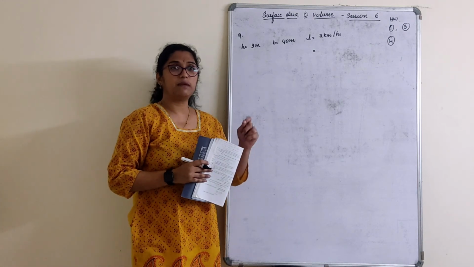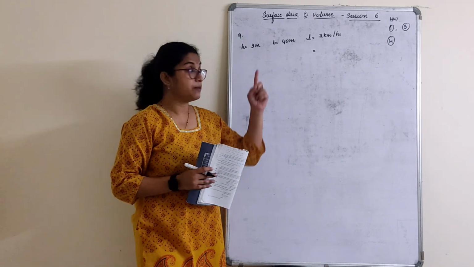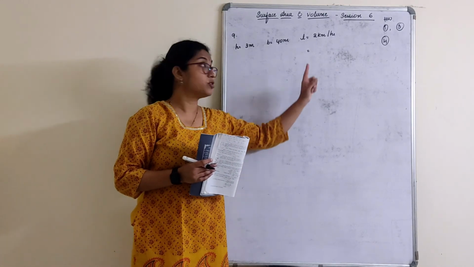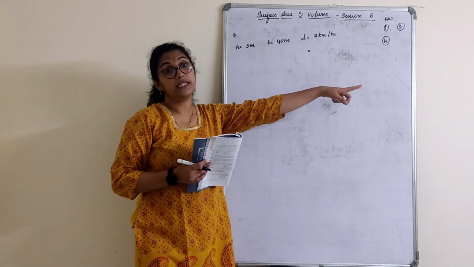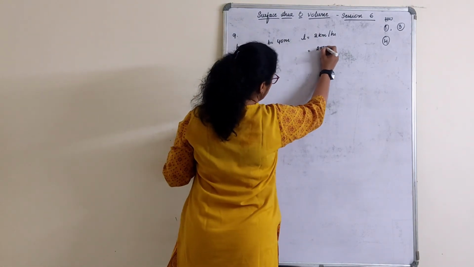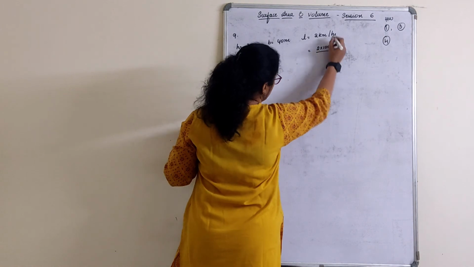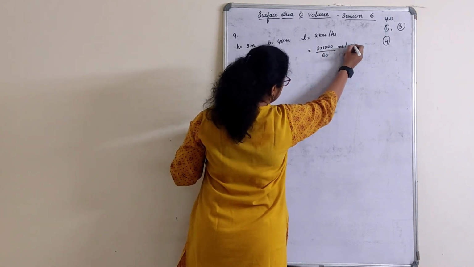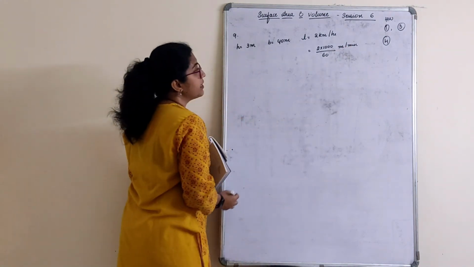In physics we always keep kilometer per hour or meters per second. Here in volume we always consider it in terms of minutes. You can keep it in terms of meters per minute also. That is valid here. So this is 2 into 1000, 1 hour is equal to 60 minutes. So this is meters per minute.